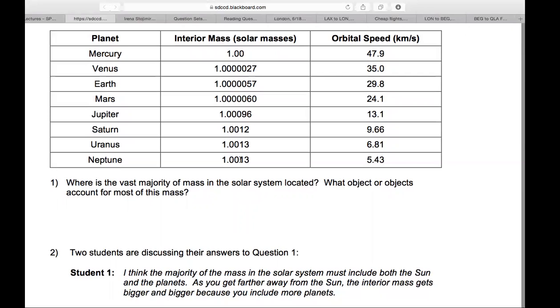How much change do you see compared to where you started? Not much, exactly. Initially you have one solar mass inside of Mercury's orbit, and then you add the masses of all of the planets, and it's 1.0013. Is this like a 1% difference?